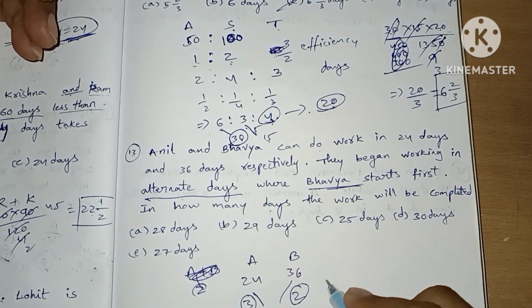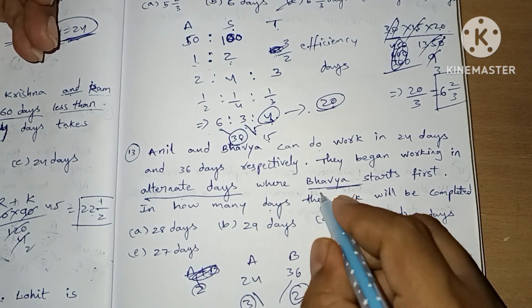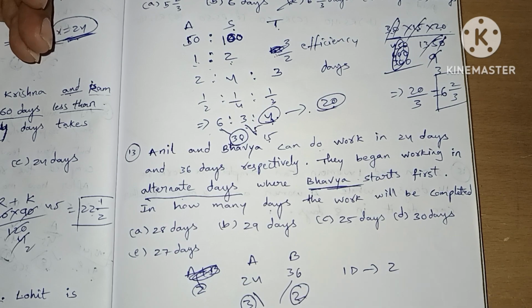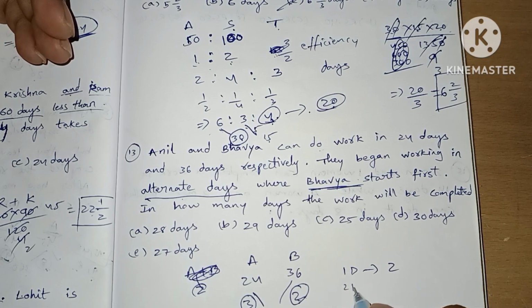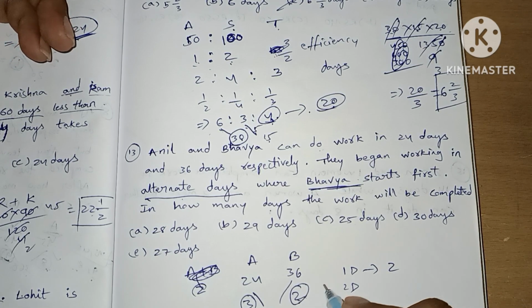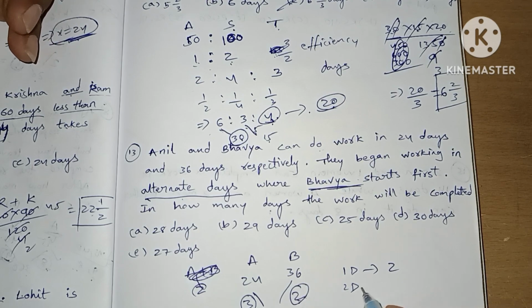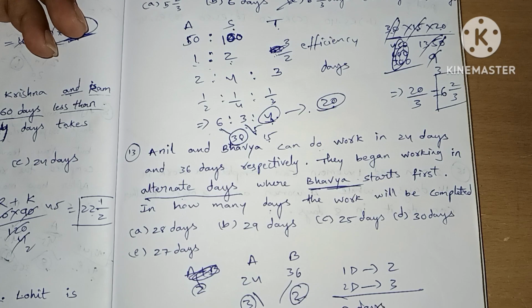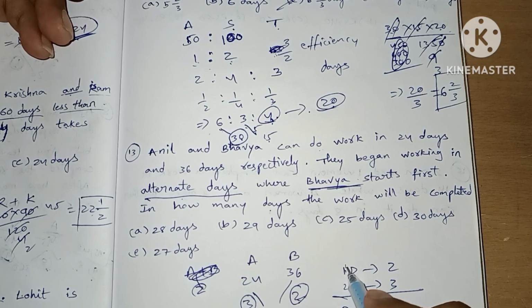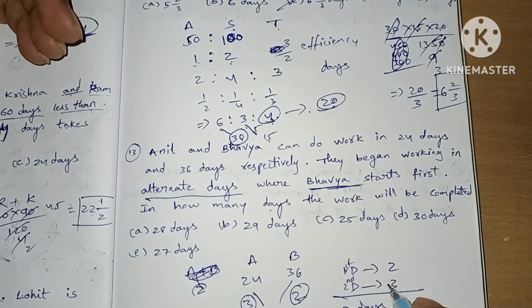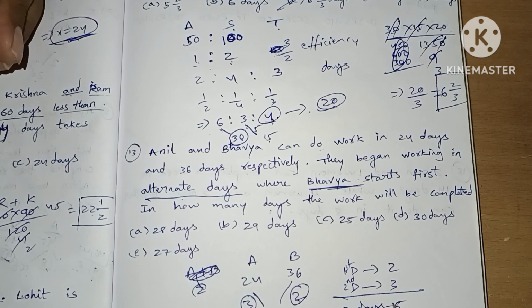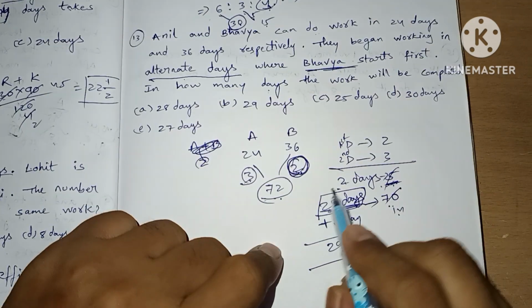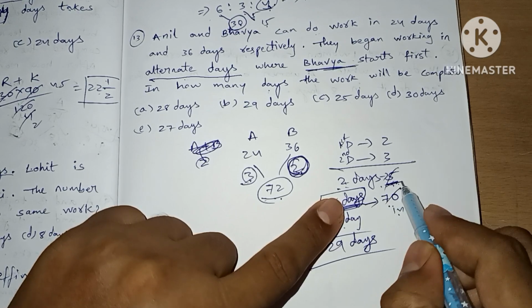So starting with Bhavya, on the first day 2 units are consumed. On the second day this person goes off and Anil starts with 3 units. So for 2 days we have completed 5 units, but we need to complete 72 units.